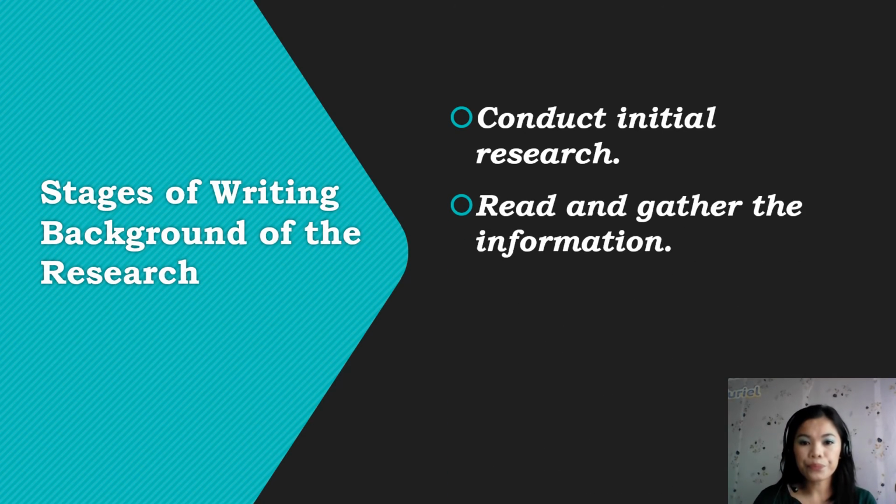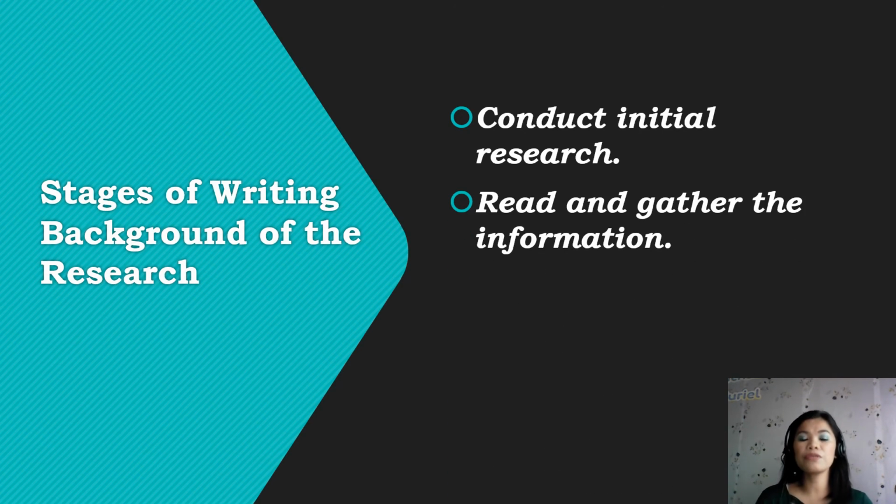Then read and gather the information. As much as possible, you read at least 30 researches of other authors or researchers related to your topic. You gather at least 30 of them, then you read and gather the information, and arrange it in such a way that it is logically arranged.